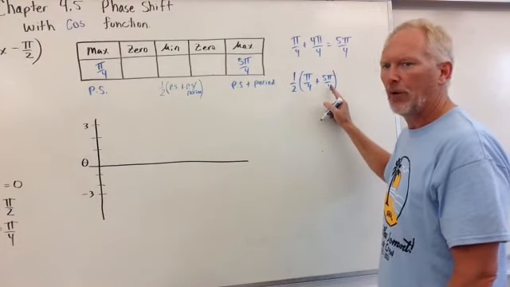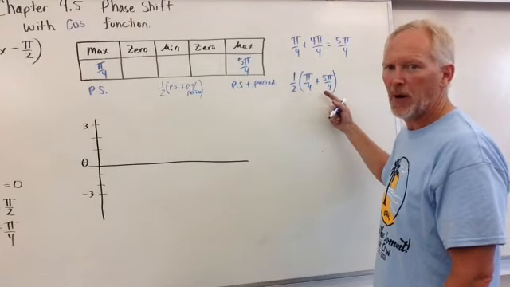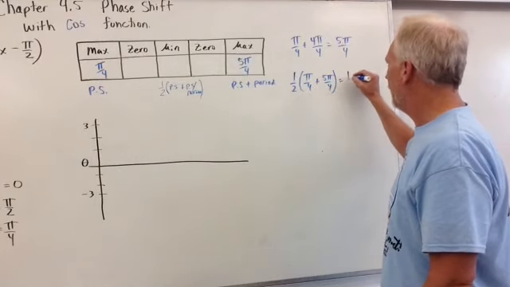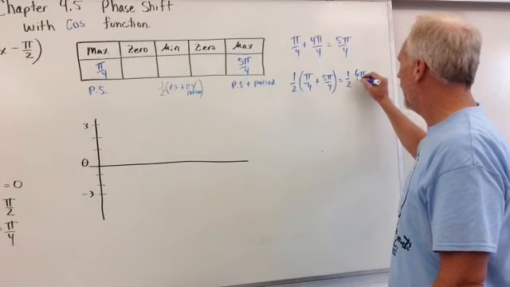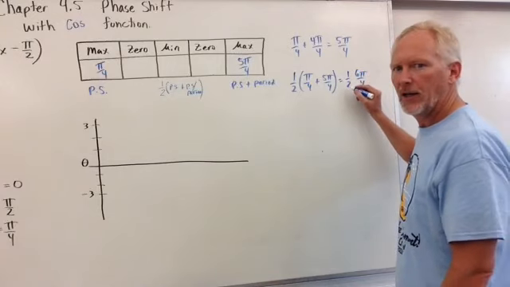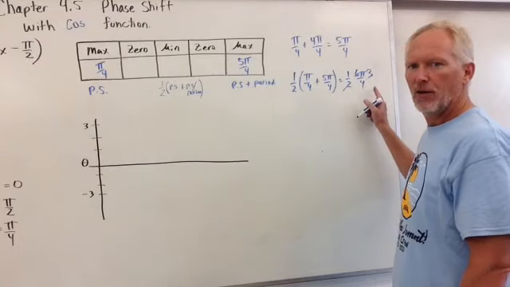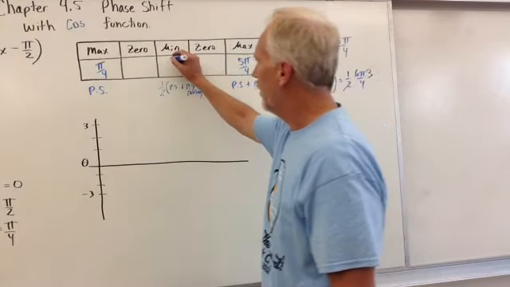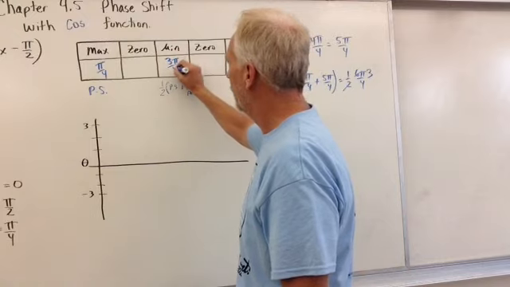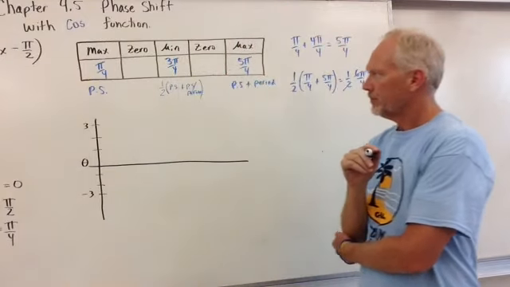Well, 5 pi over 4 plus 1 pi over 4 is 6 pi over 4. So if I take 1/2 of 6 pi over 4, I can now simplify 2 and 6. So that makes 3 pi over 4.